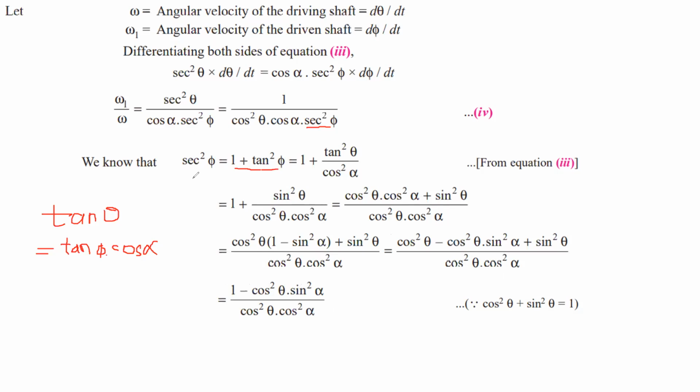And this value of sec square phi is kept here. If you put it here, how will it look? The denominator will come up and go into the numerator. What will you see in the numerator? cos square theta into cos square alpha. So cos square theta will get cancelled, and 1 power of cos alpha will get cancelled here.